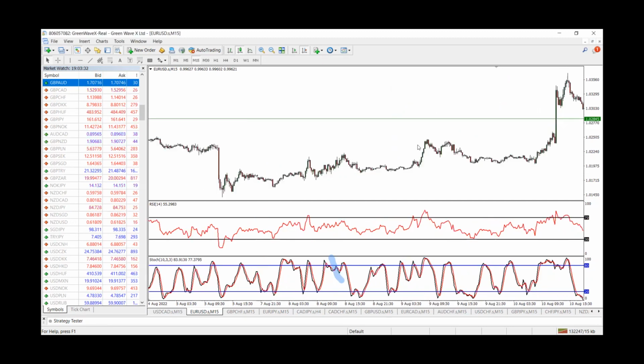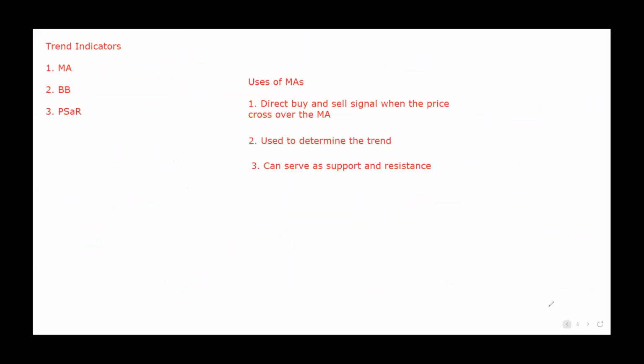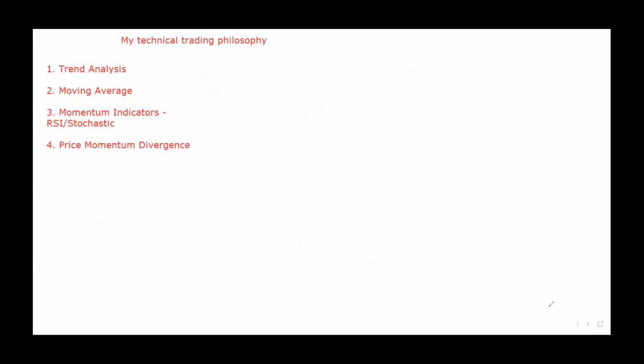So you can see now we started by revising the trend analysis. Okay, we started even by talking about the trading philosophy we want to adopt. Trading philosophy is the one that follows the trend. So if you want to trade along the trend, you have to understand trend analysis. We've already explained trend analysis.